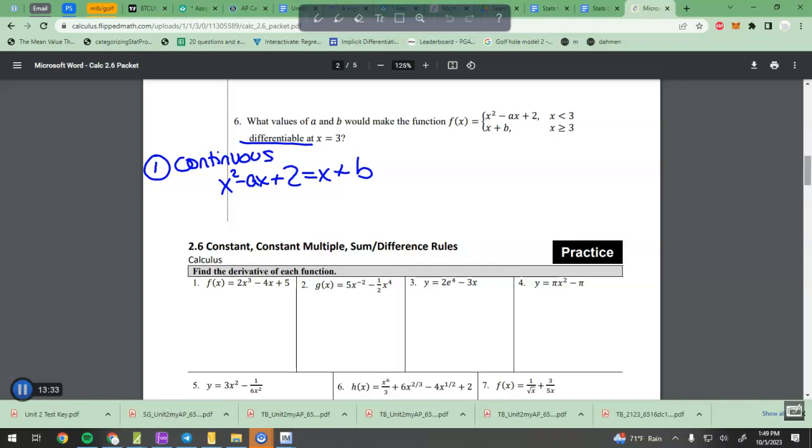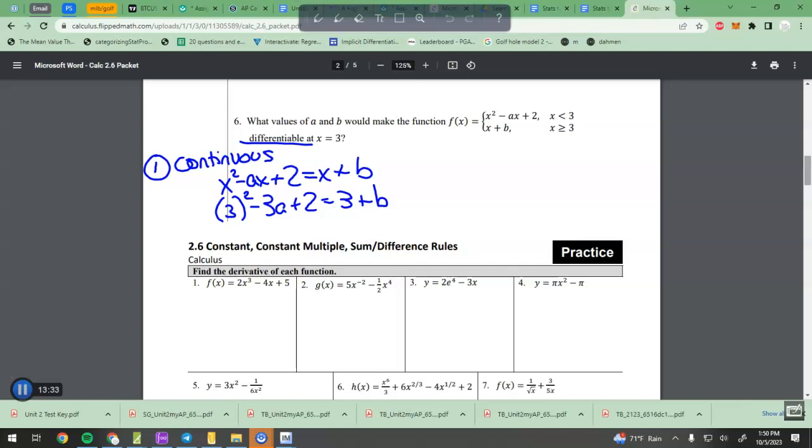x is 3, right? So 3 squared minus 3a plus 2 equals, sorry, equals 3 plus b. So I could solve that for b, but there's still going to be a variable there.